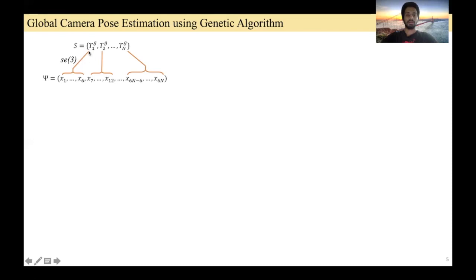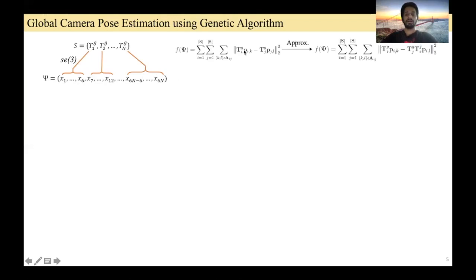We describe the poses using the SE3 representation instead of transformation matrices, since it would be difficult to enforce the orthogonality condition with transformation matrices in each iteration during GA. The problem here will boil down to estimating this 6n-dimensional vector called psi.